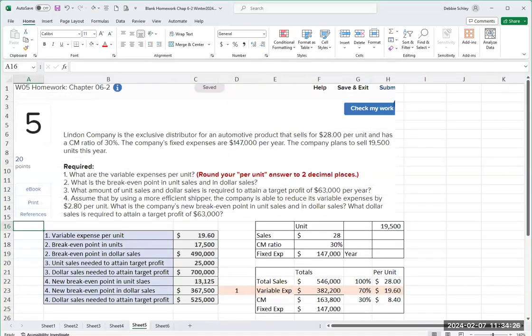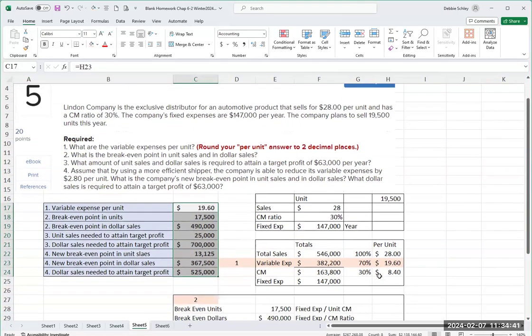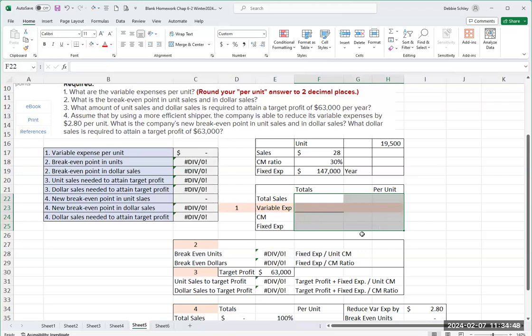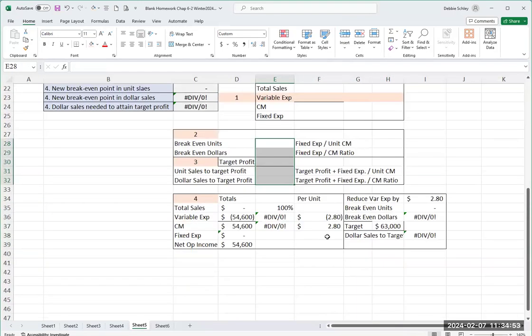Okay. Question 5 is a bear, but if you just take it a step at a time. Oh, apparently I forgot to. Okay. I'm just going to delete my information here because it's better for you if you watch me go through all of the steps.